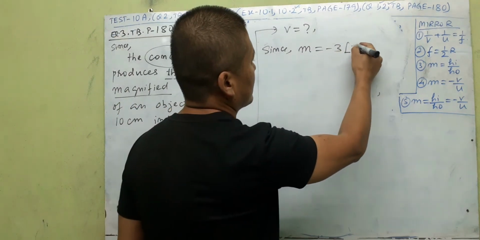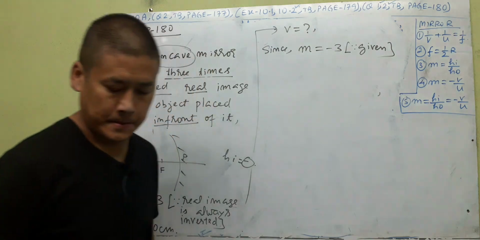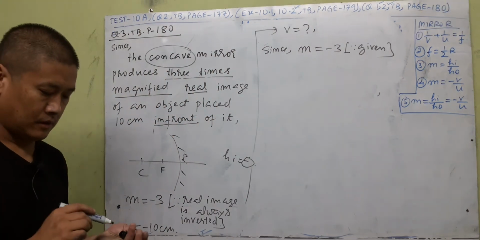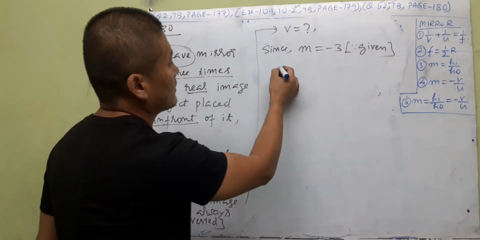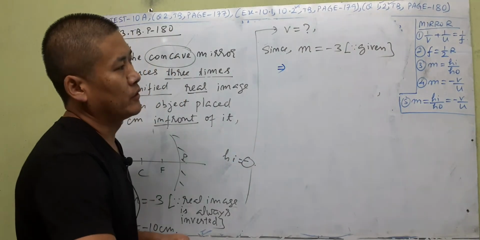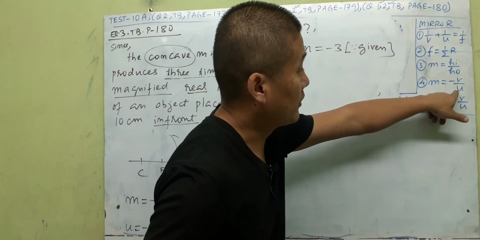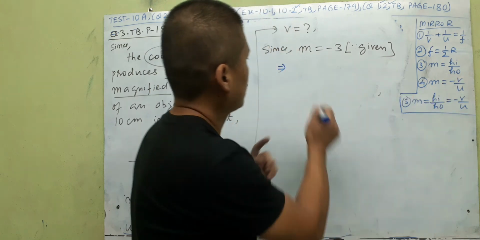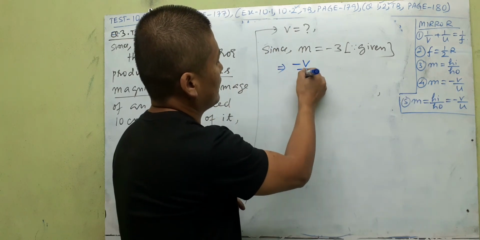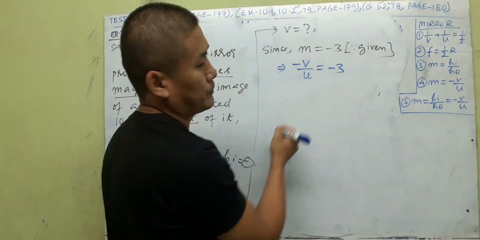Then we can write here, finally, that implies M, go and see here, is related to V by U. M is minus V by U. So this M here can be replaced by this. So I put minus V by U instead of M, equal to this one, I can write the same.